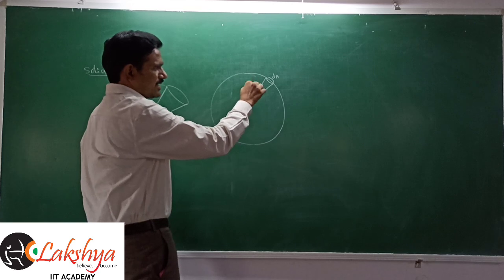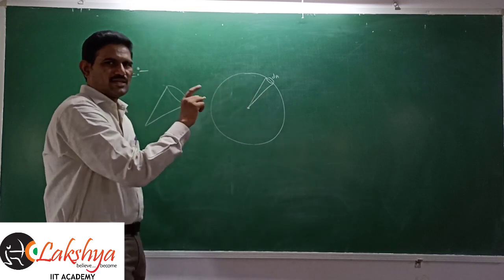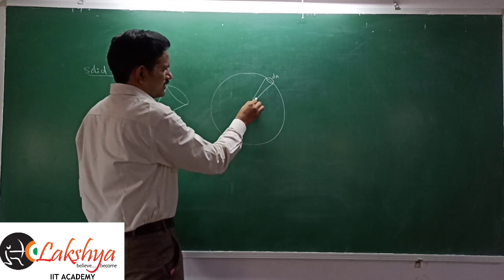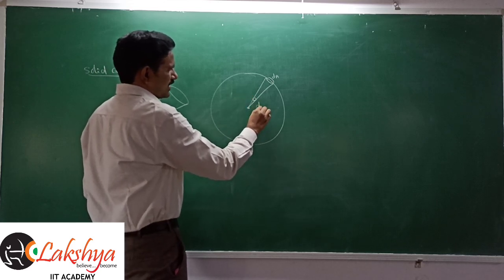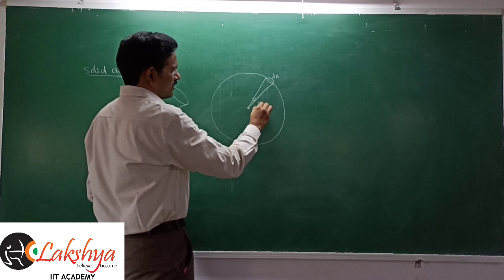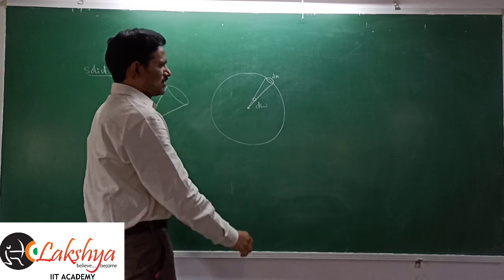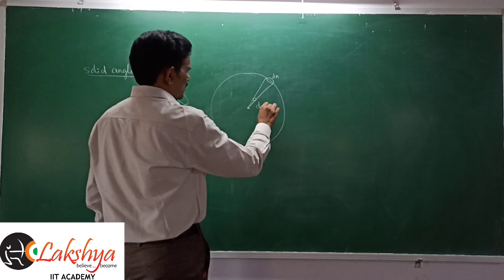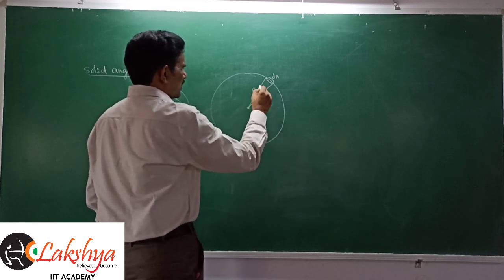That's an area, not an arc. This three-dimensional angle is what we call the solid angle. We represent it with d omega, or we may write it as omega.